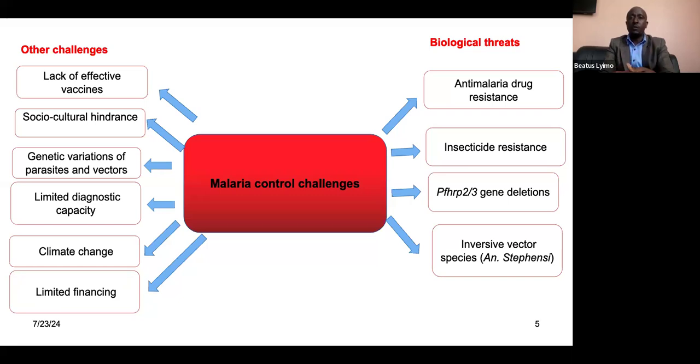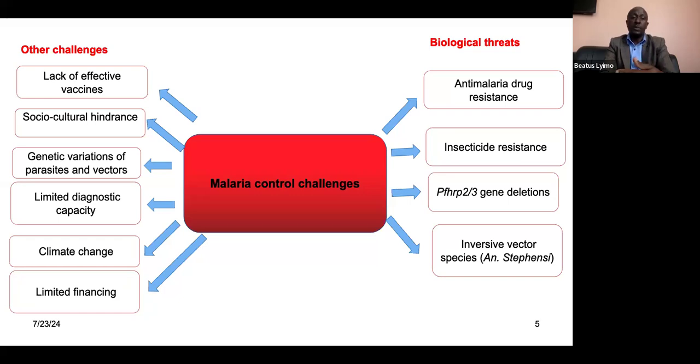One of them is anti-malarial resistance, which keeps rising, and we are still reporting new cases of ART resistance, which is coming closer to East Africa. So it's still a very big problem. We have the issue of insecticide resistance. We have HRP2 region deletion. We have a new case of an invasive vector species, which has been reported in East Africa.